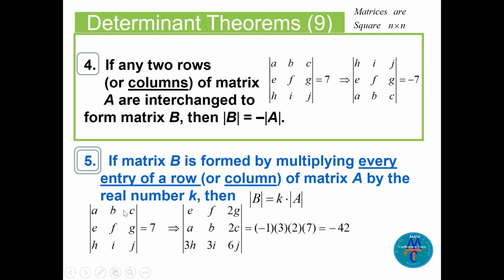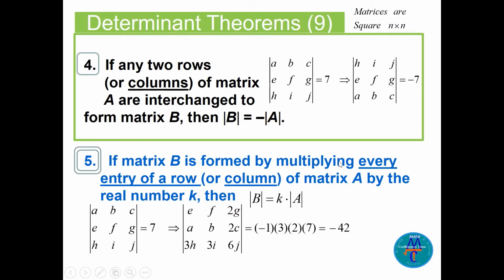I see A, B, C in row 1, and it is now in row 2. So there is a minus because I interchanged row 1 and row 2. Remember, H, I, J stayed in row 3. Now, row 3 is multiplied by 3, so this is the K here.